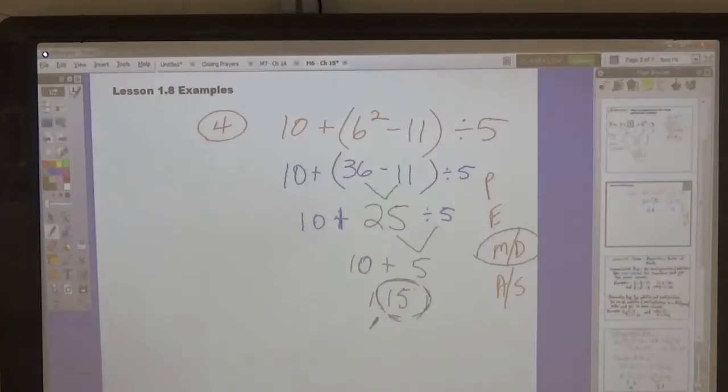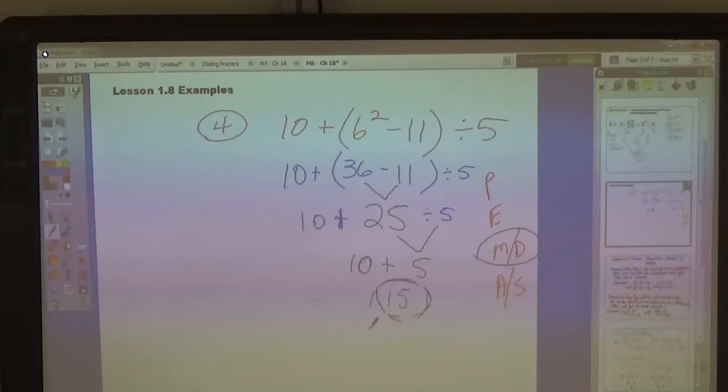So don't just mark it wrong, but then go ahead and copy it and fix it. Copy it and fix it. Yeah, I'm telling you right now. Okay? Redo it the right way. Okay?